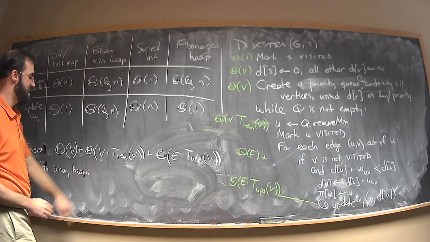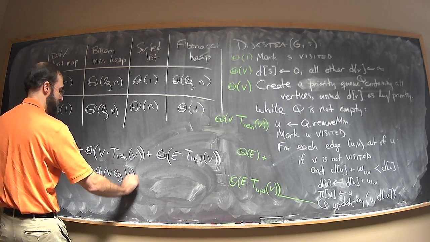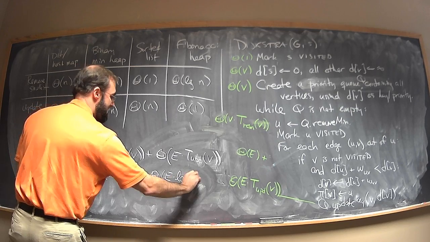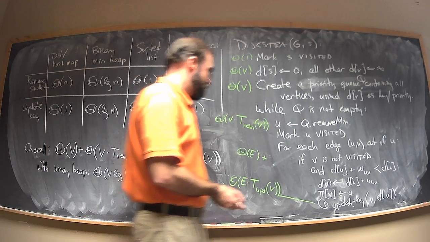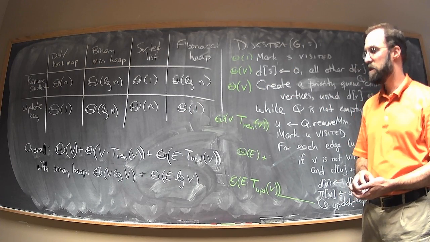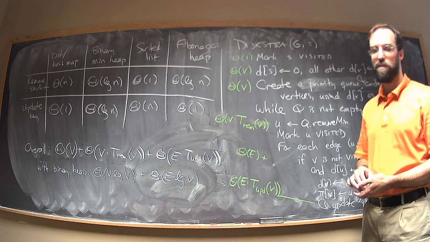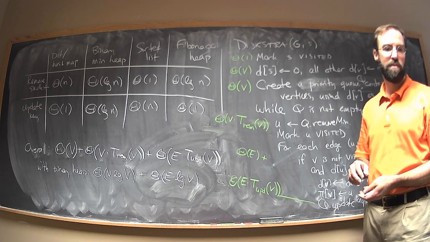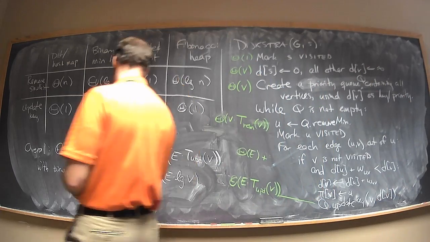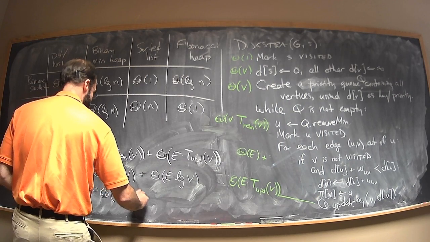So this is log V, so this is theta of V log V plus theta of E times log V. And we can assume that the number of edges is at least as big as the number of vertices, because if it's smaller, then that means there's a bunch of vertices that are just degree 0, and we can just get rid of them. So this would just be theta of E log V.